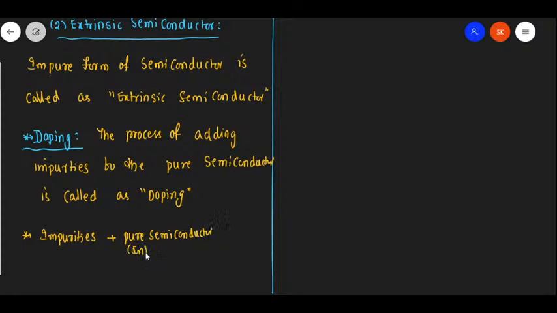If impurities are added to the pure semiconductor, then we will get the extrinsic semiconductor. Got it? Then next, extrinsic semiconductors are two types, based on the doping, based on the impurities.